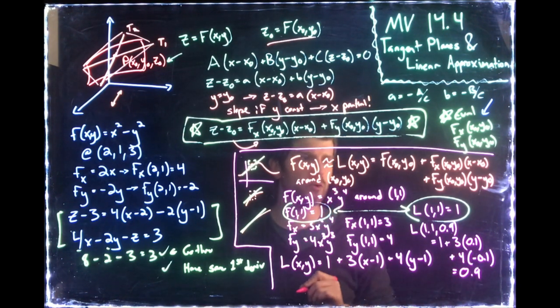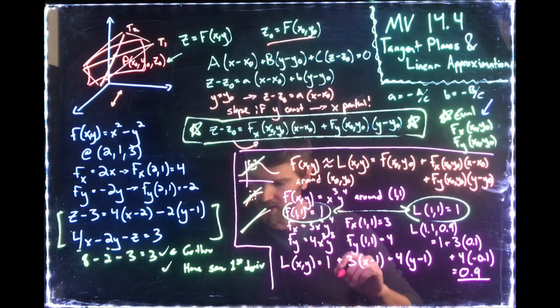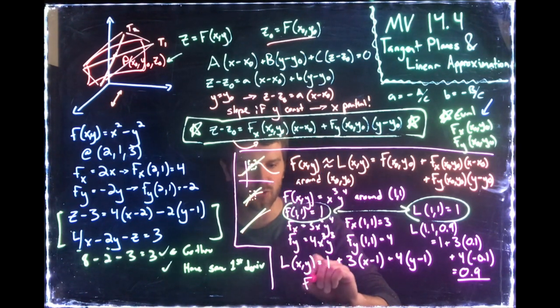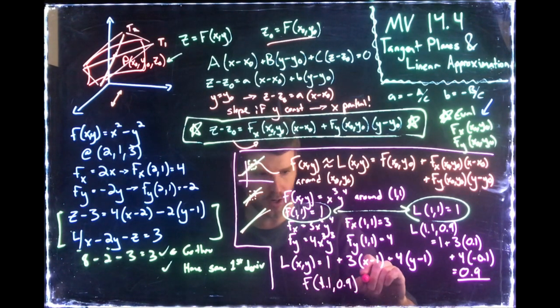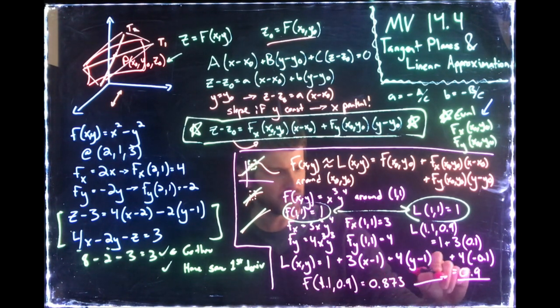That is, we've moved a little bit away from the point that we approximated around, 0.1 away in x and negative 0.1 away in y, and the value should be about 0.9. And if you actually calculate the original function at 1.1, 0.9, you get a true value of 0.873. So it's a reasonably good matchup there.